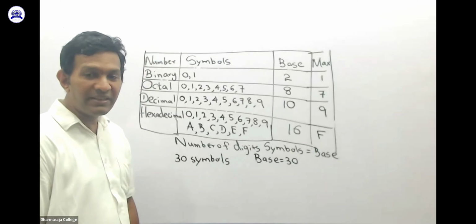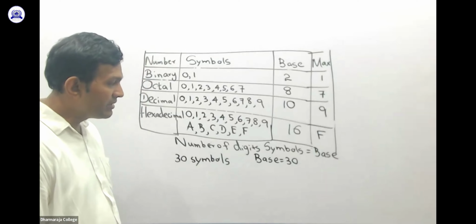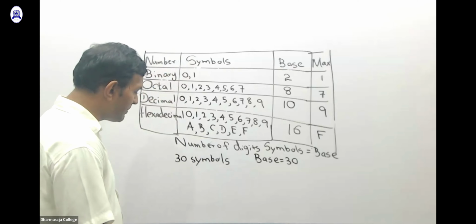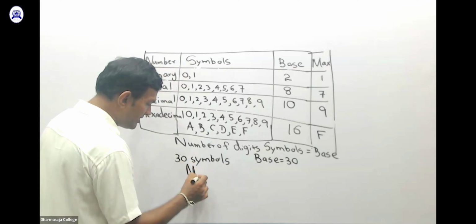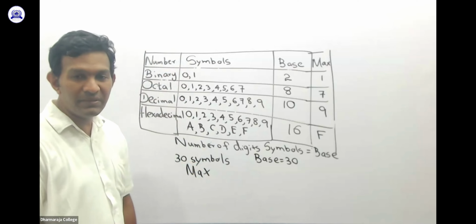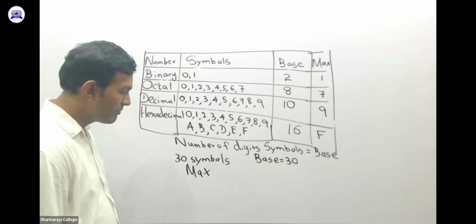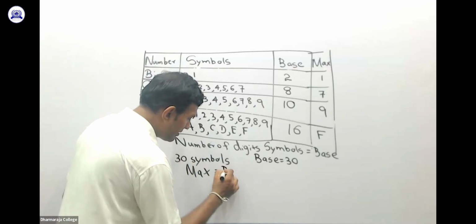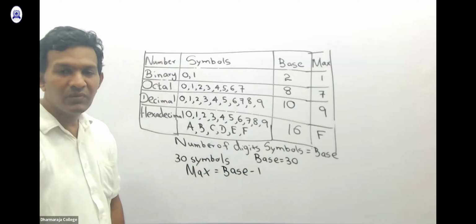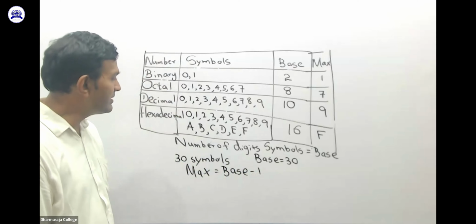So let's see the relationship between the base and the maximum. You can find the maximum digit of any number system this way: base minus 1.